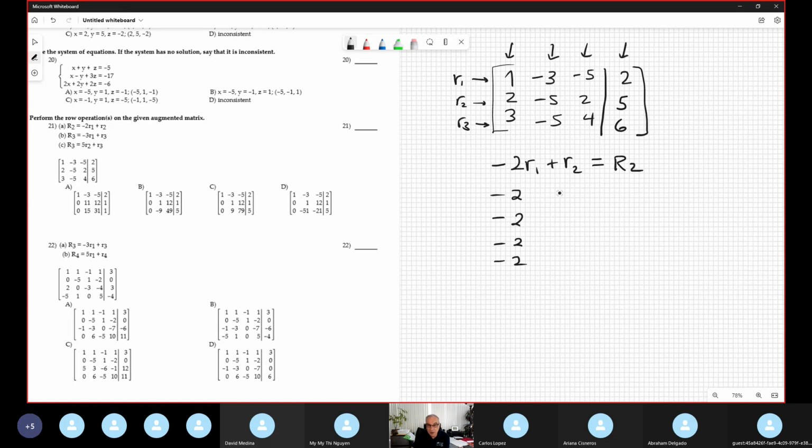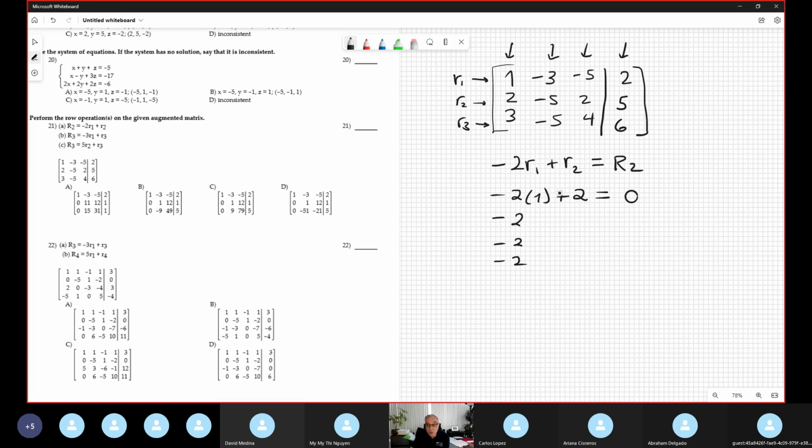So you multiply by the corresponding, for example, the first element in row 1 is 1, plus the corresponding is 2. And the answer is 0, because 1 times -2 is -2, and -2 plus 2 is 0.